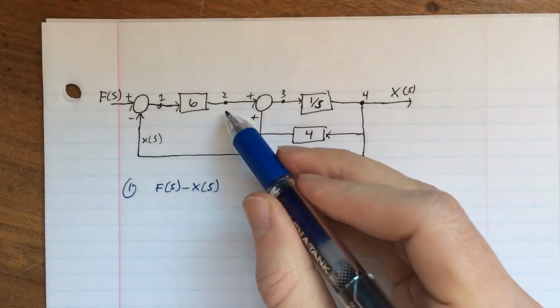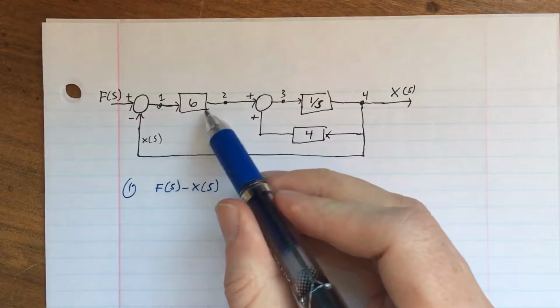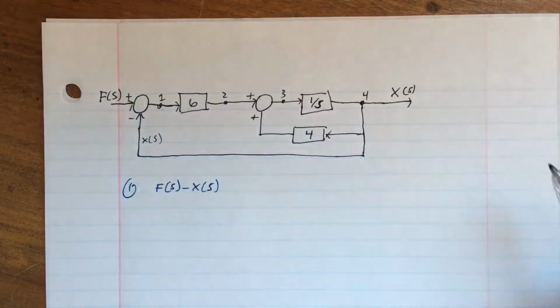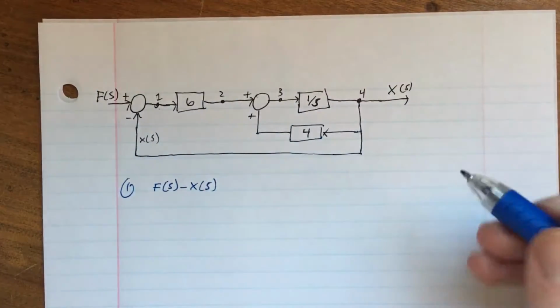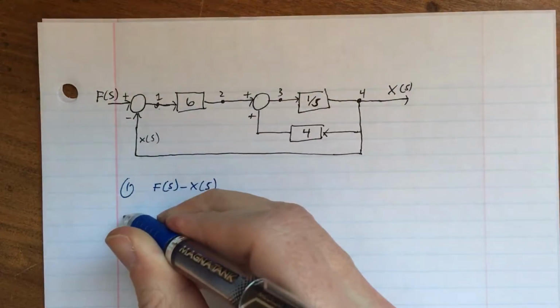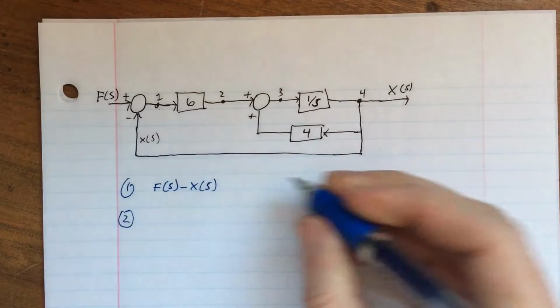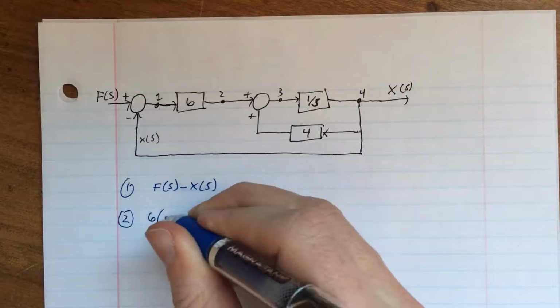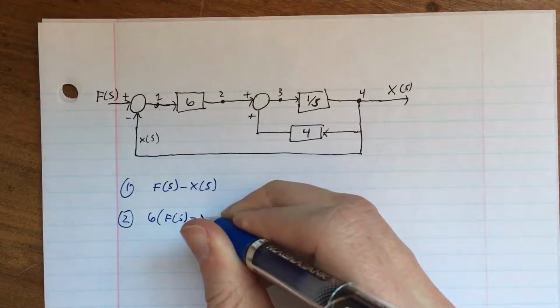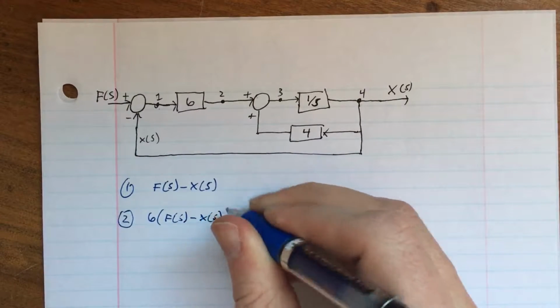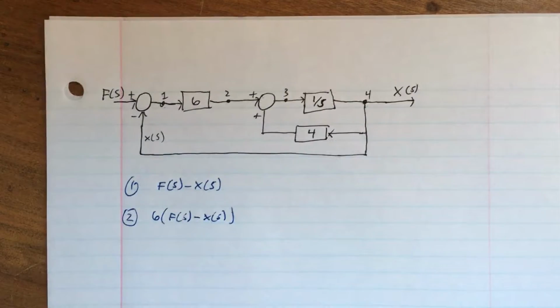And then at point 2, a square, all it does is just multiplies whatever function you have by the number inside. So at point 2, we have 6 times f of s minus x of s. And the 6 is distributed through.